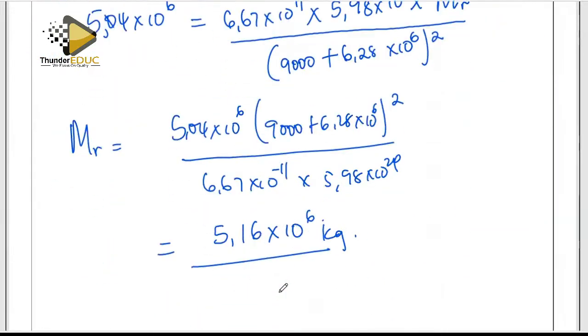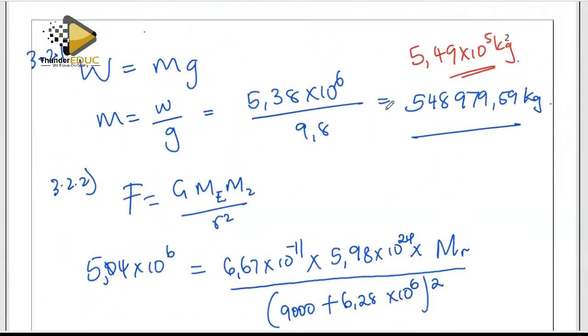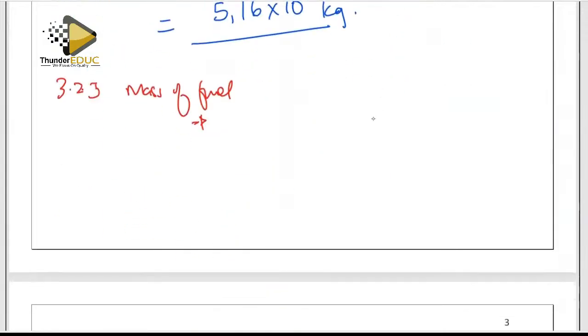So we're saying 3.2.3. So mass of the fuel is going to be the initial mass, which was 5,49. Okay, that's 5,49 times 10 to the 5. We are subtracting 5,16 times 10.